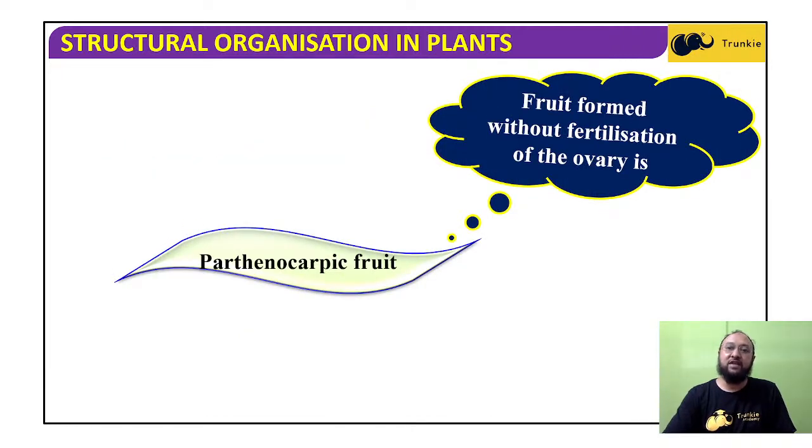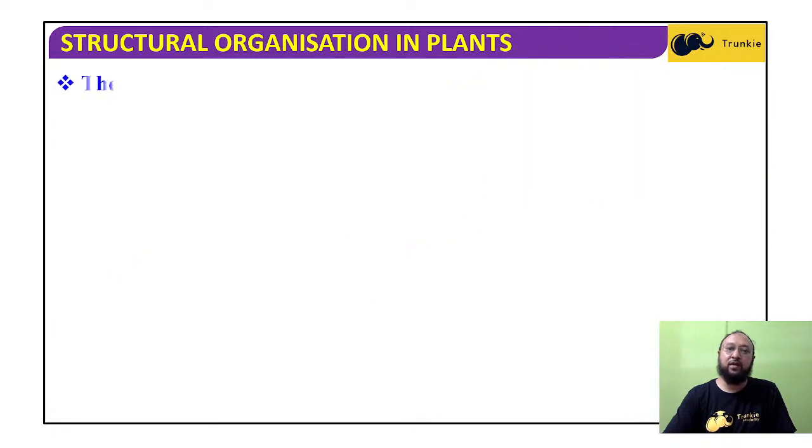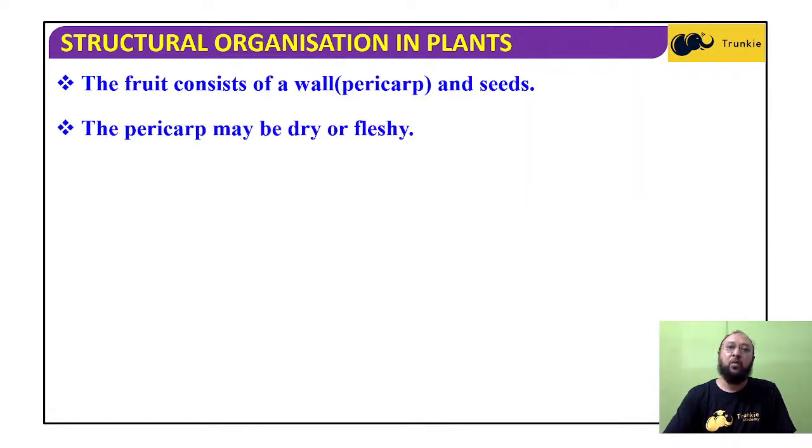Typically the fruit consists of a wall, the pericarp, and the seeds within it. The pericarp may be dry or fleshy.